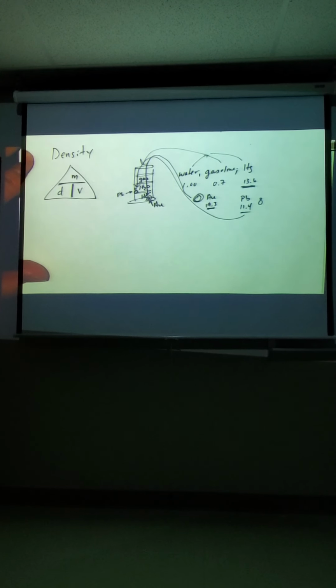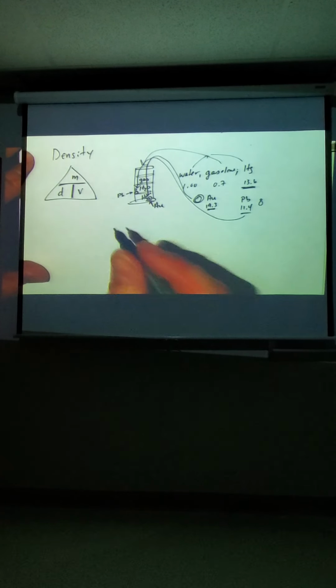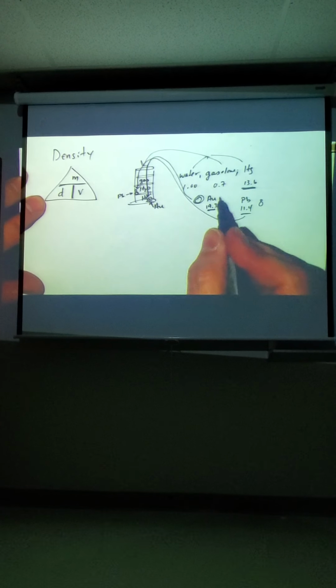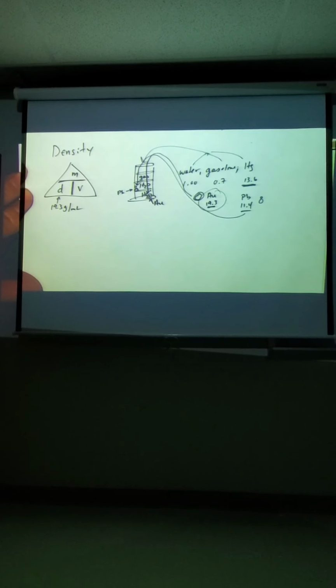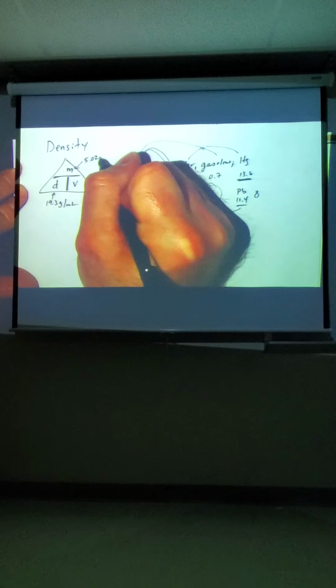If you wanted to do a density kind of problem, using some of these numbers, let's just say we have gold. So gold's density is 19.3 grams per milliliter, based on that chart in your notes. Let's say we have 5.02 grams of gold. What's the volume?